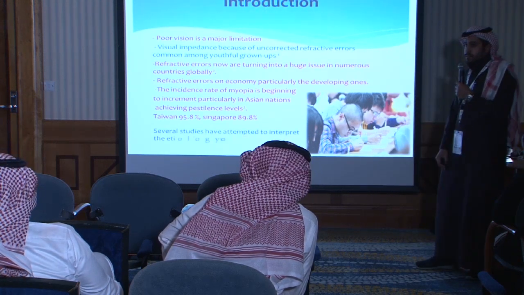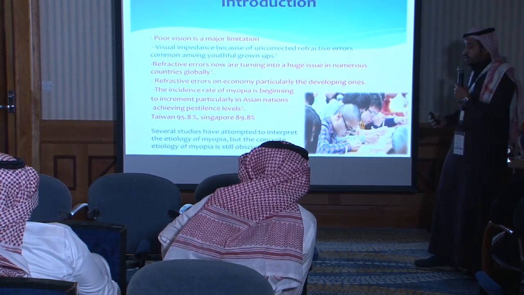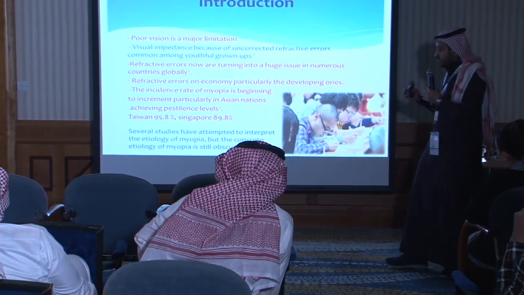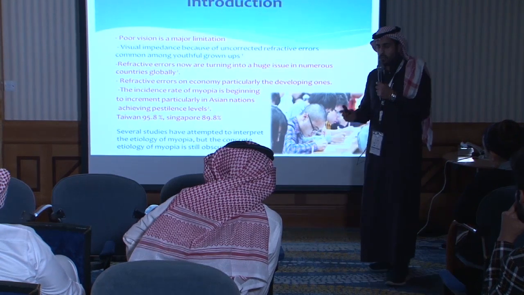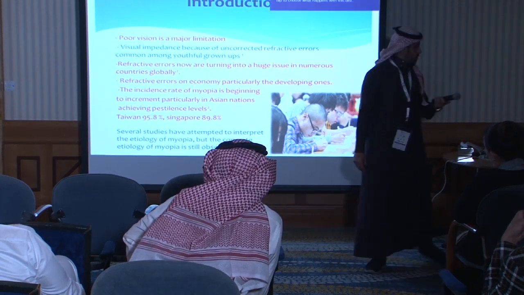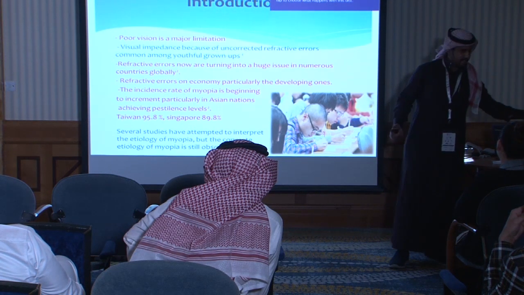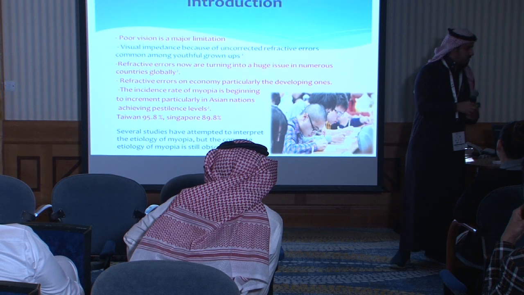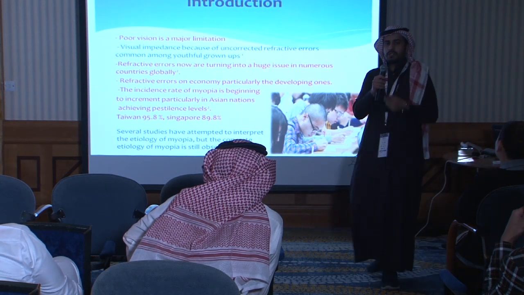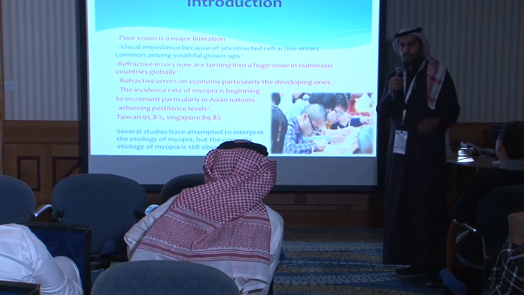Several studies have attempted to interpret the etiology of myopia, but the concrete etiology is still obscure. Some studies point to environmental factors, some to genetic influence, and others to an interaction between the two.